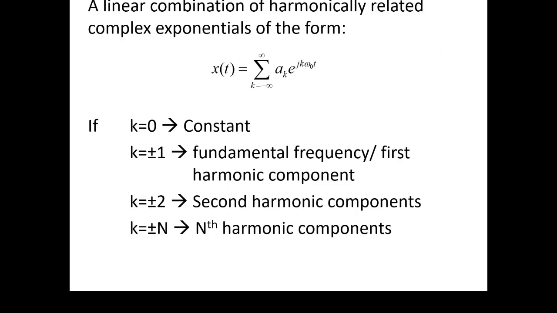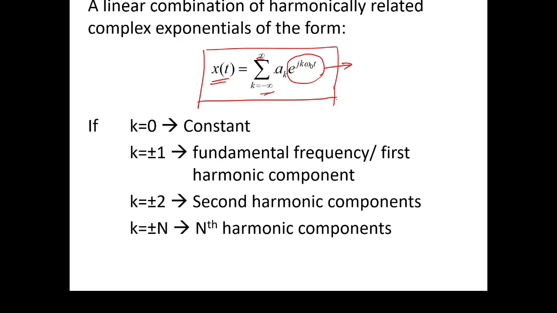Now this is the equation for the Fourier series. If you see, we have x(t), which is given by the summation of k equals minus infinity to infinity of a_k e to the power j k omega naught t. Here we have complex exponential signals, which are again periodic signals.